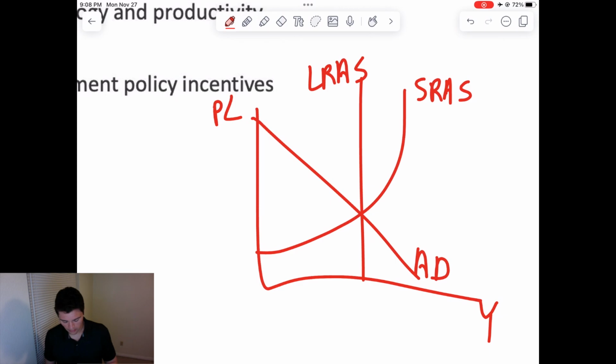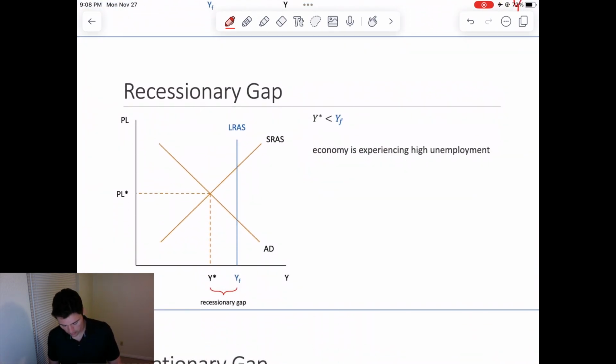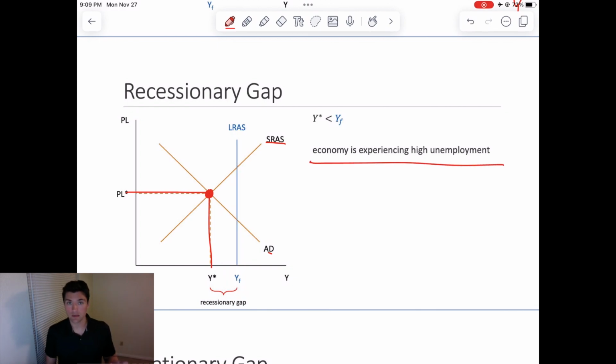Whether you are in a recessionary gap, such as this, where your aggregate demand and aggregate supply equilibrium is to the left of your full employment output, you are experiencing a recessionary gap, meaning you have very high unemployment.